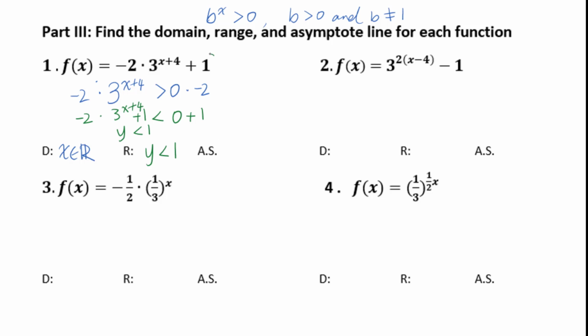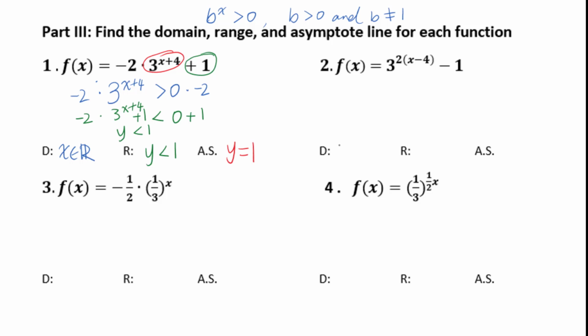Asymptote line basically is the constant number, or you can use a limit to figure it out. When you take a limit as x approaches negative infinity, this will be 0.